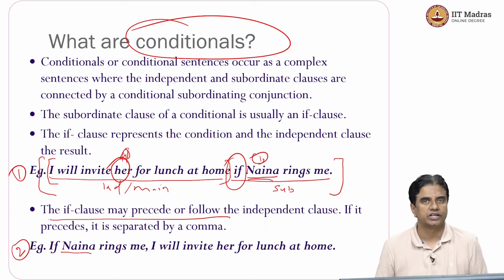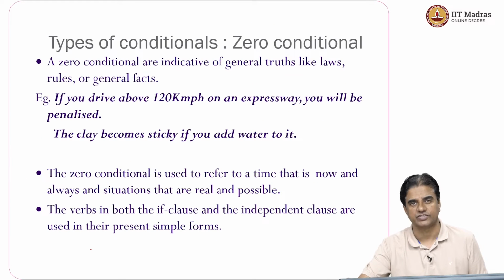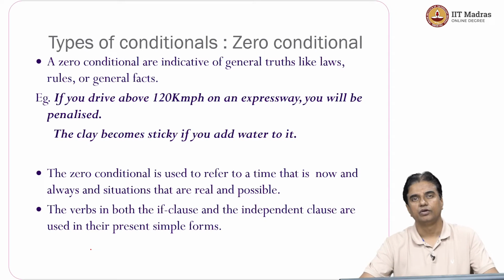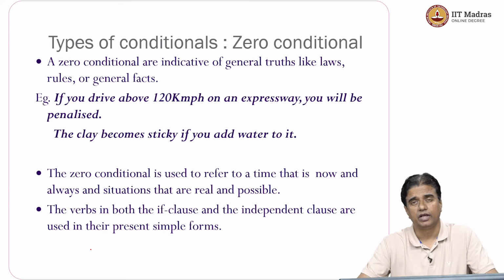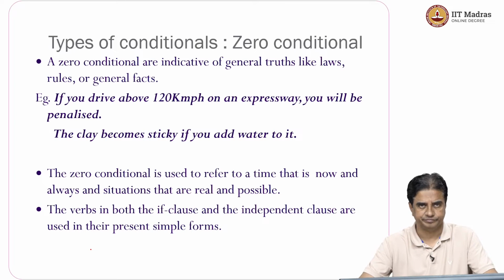This much gives you a good enough idea about the structure of the conditionals. Now we are going to turn our attention to the function of conditionals, and for that we need to look at different types of conditional clauses. They are going to be named as 0 conditional, 1 conditional, 2 conditional, 3 conditional and so on. They have differences and they refer to different contexts. Let's go through them one by one.